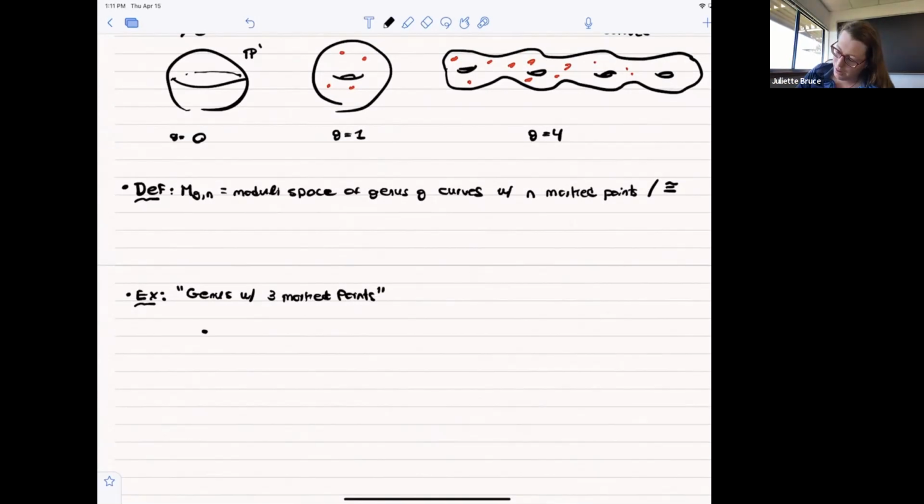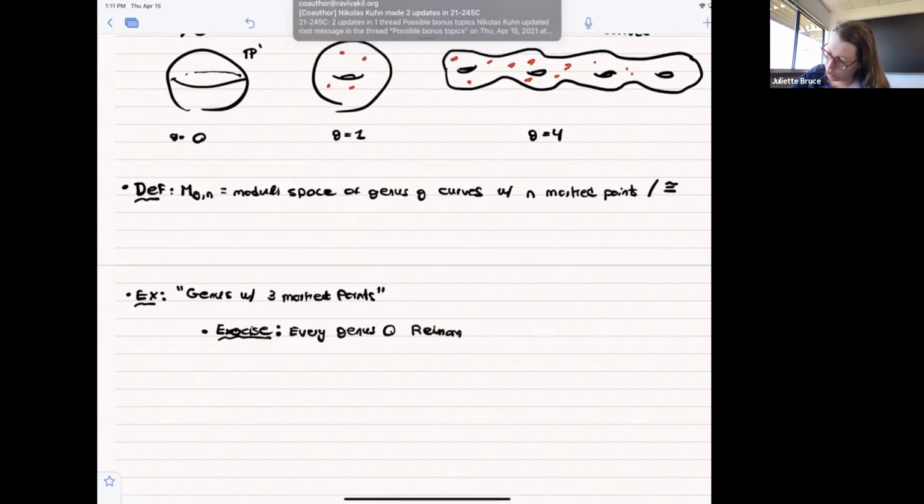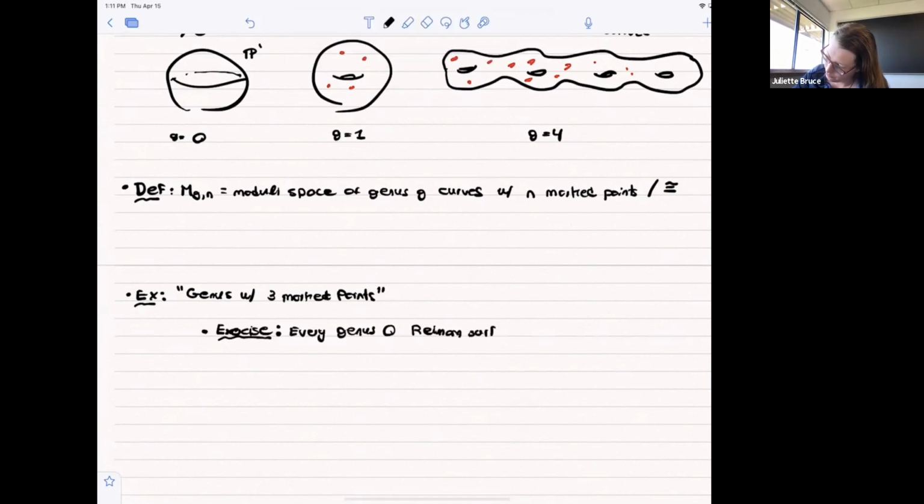But an amazing fact, which is a fun exercise that actually takes quite a bit of work, so probably a bad exercise to think too hard about on your own, although it's still fun, is that every genus 0 Riemann surface, so every genus 0 curve, is isomorphic to P1. So it's honest to God a sphere with a given complex structure. There's only one of them.